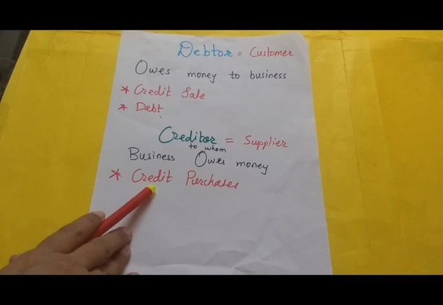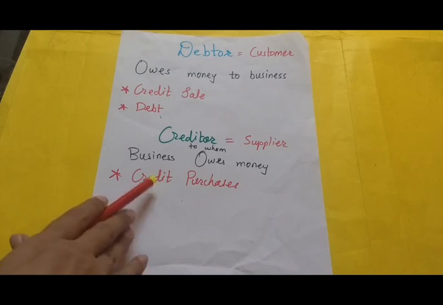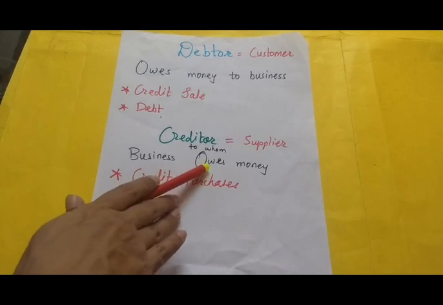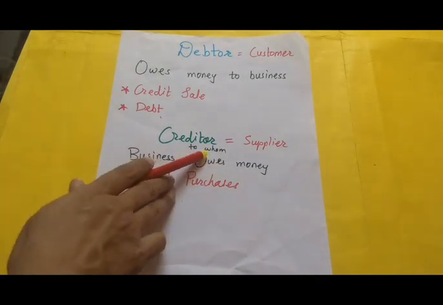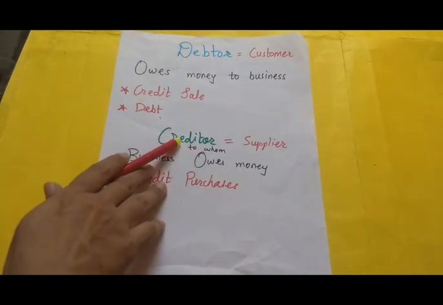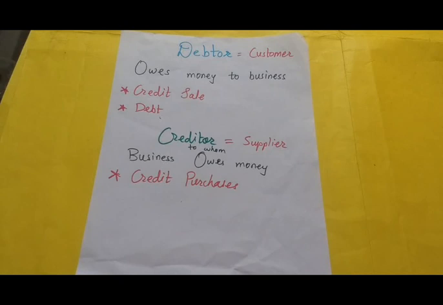You just received the benefit of the goods. So the business received the material. Now the business owes money. To whom? To Ramakant. Now we are supposed to pay him. So Ramakant is called our creditor, who supplied the goods. A supplier in common language is called a creditor in our accounts language.